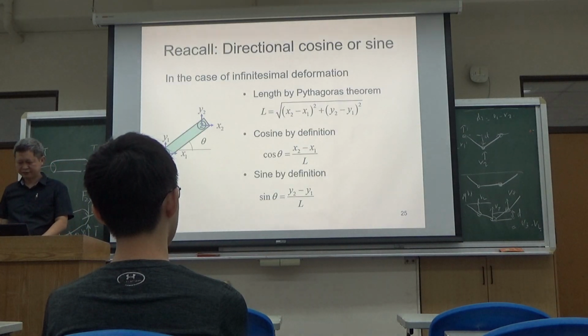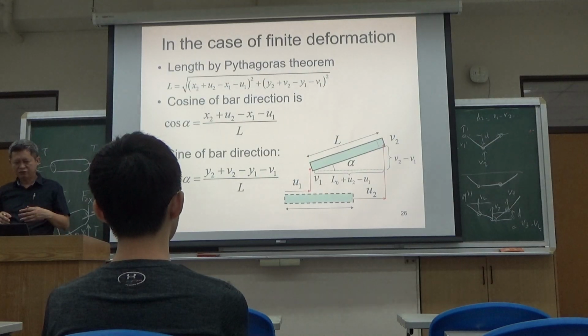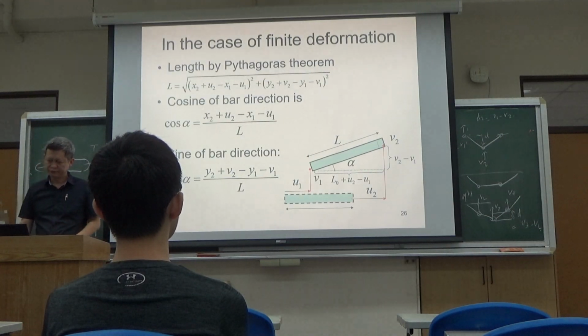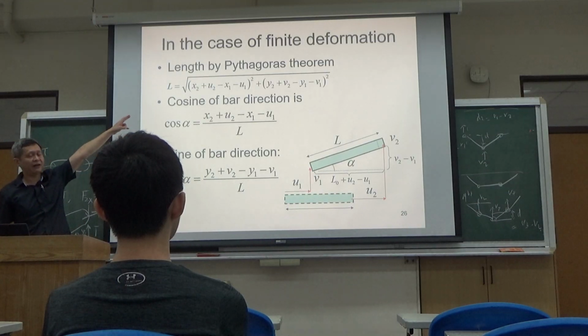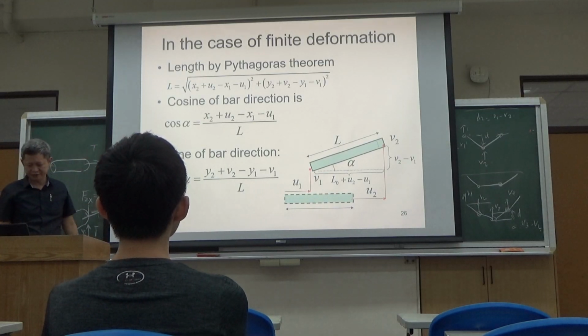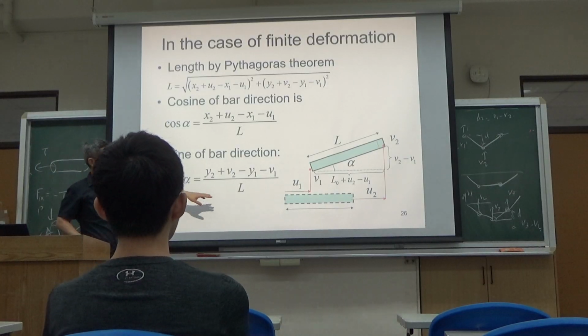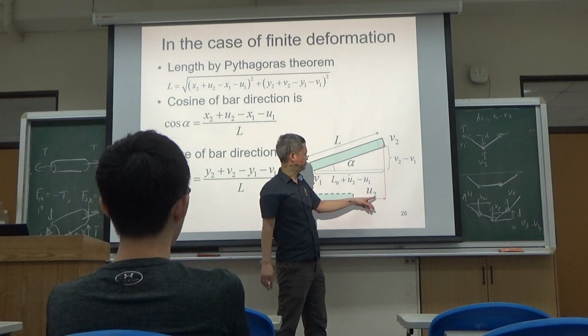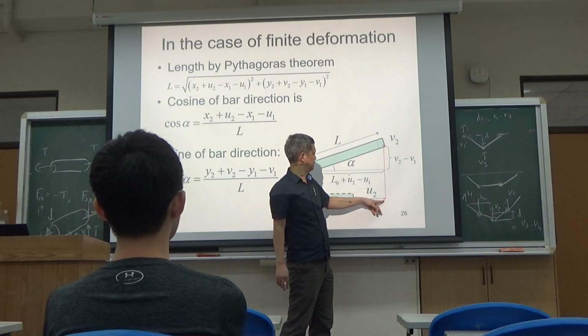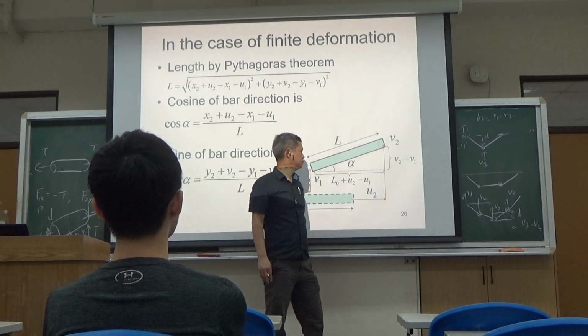Okay, and then next. Okay, if you want to go one step further for finite deformation, you really have to find out what is the real length change. Okay, look at this. If the bar now extend so that the right tips move by U2 and going up by V2.